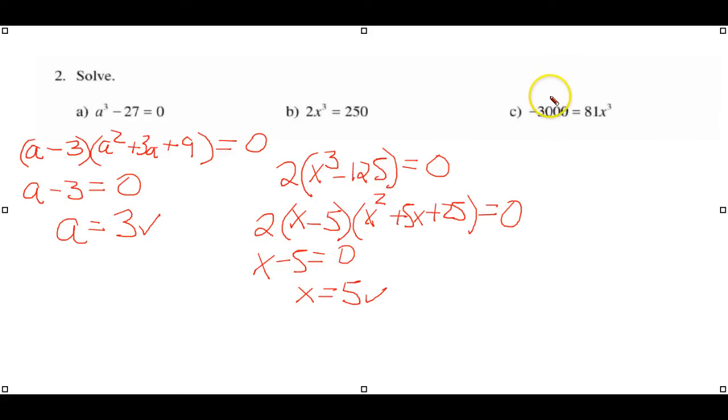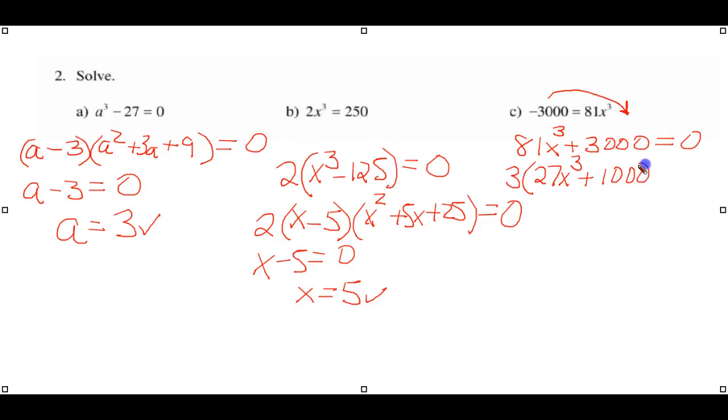And here we just take it to the other side, and we're going to get then 81 on the other side plus 3,000 equals 0, and this is x to the third here. Now I can take out a 3 out of each one of these. So 3 out of there leaves me with 27x to the third plus 1,000 equals 0.